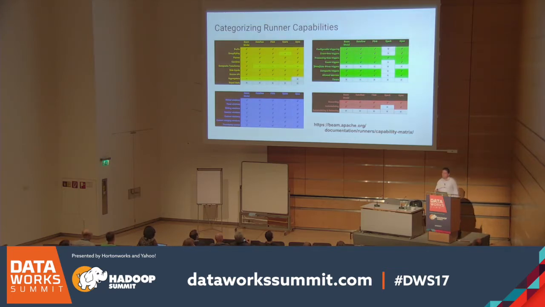And we are trying to be very upfront about it, and we are publishing a capability matrix, where we are listing a Beam functionality and the support for that in each runner. For example, if you are doing more standard batch use cases, that kind of pipeline will run anywhere. And if you are using maybe very advanced streaming APIs or a streaming use case, that may run on fewer than all runners.